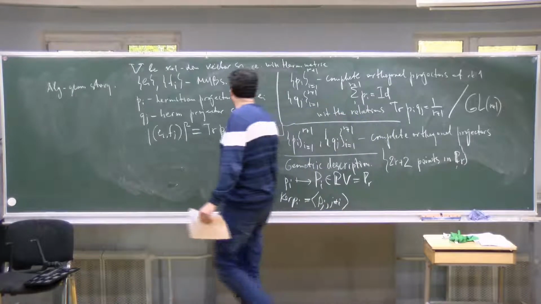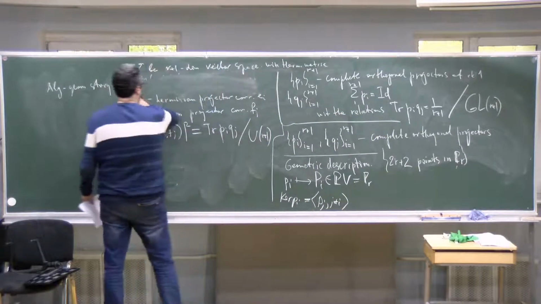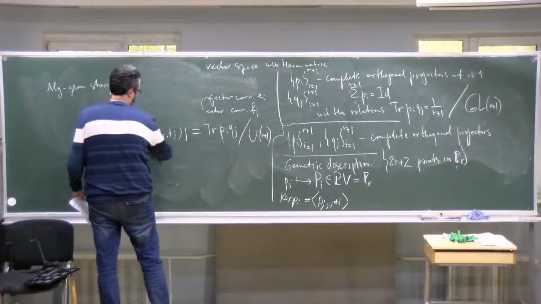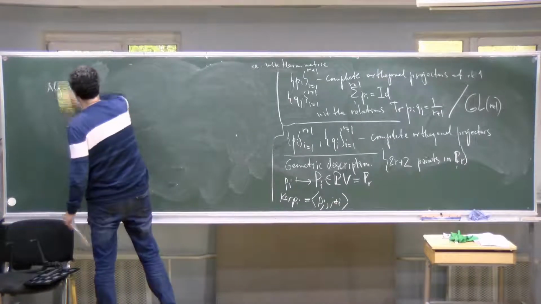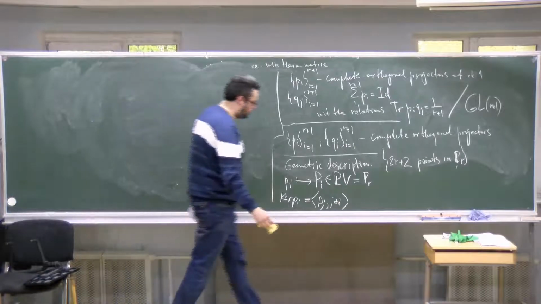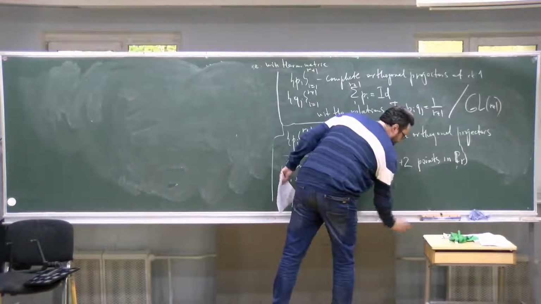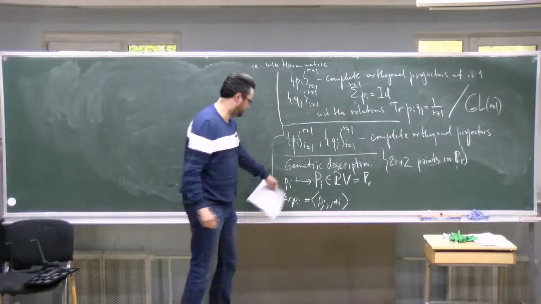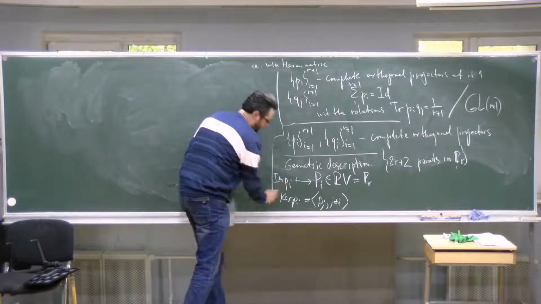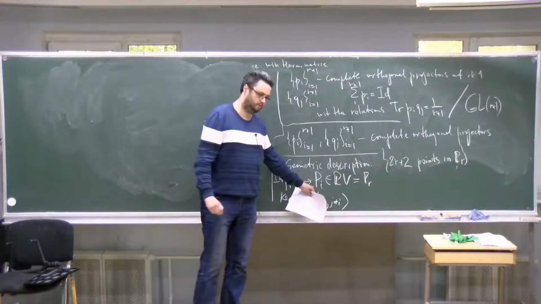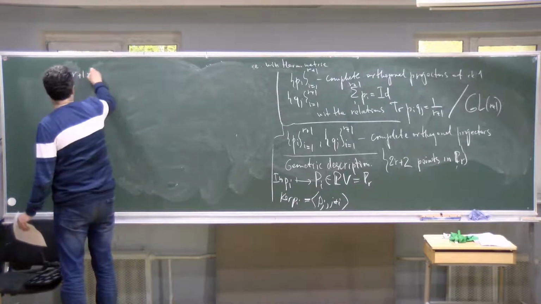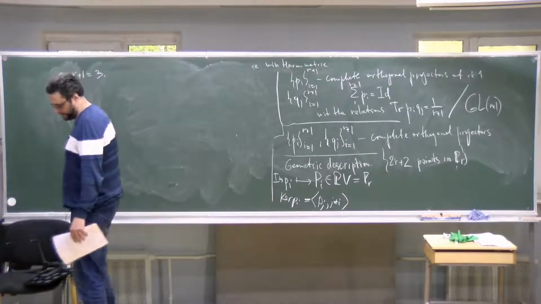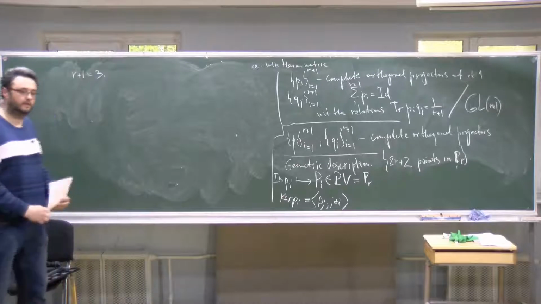Consider some examples and some statements. The image of Pi corresponds to a point. Consider the following case: R plus 1 is 3. What about the field?